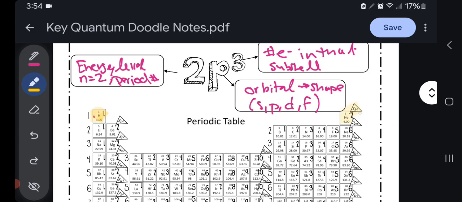Lithium 3. Beryllium 4. So we are energy level 1 to 2 to 2. Jump over neon, and then over to here is 3.